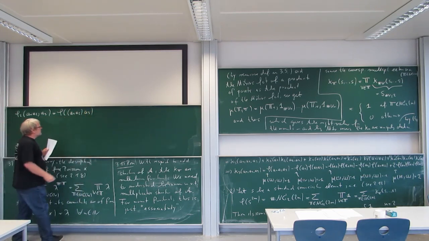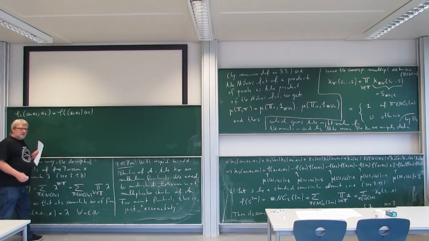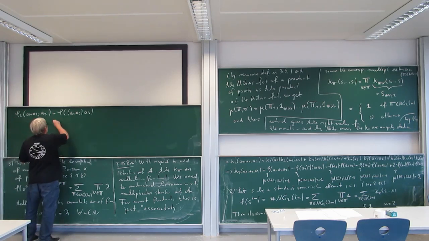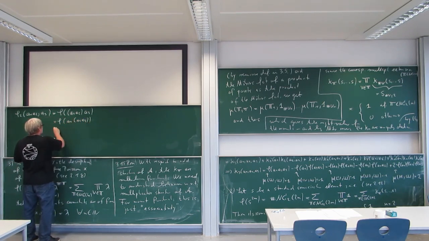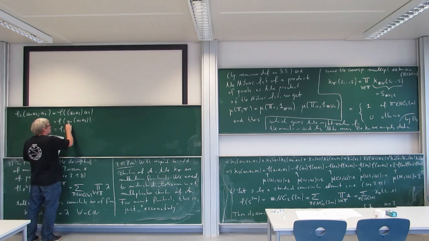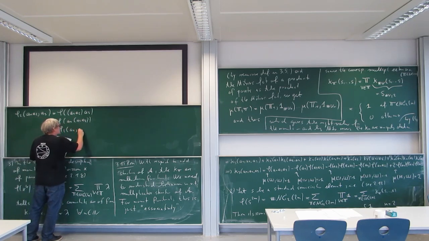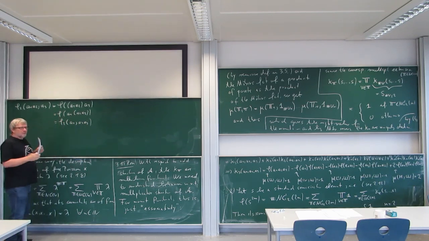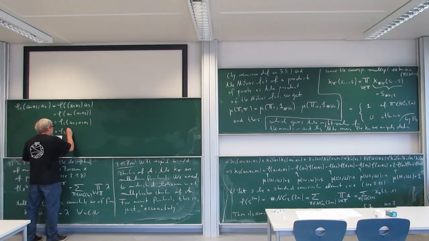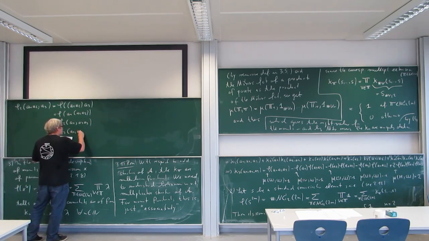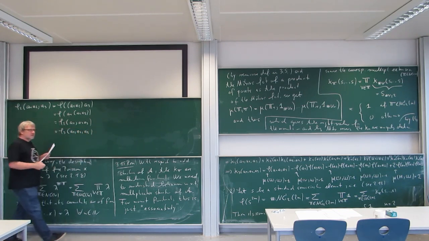But of course, associativity tells me I can put brackets here as I like, so I can also write this as phi of A1 multiplied with A2 A3, and this would be then phi 2, where the first argument is A1 and the second is A2 A3. Or I could also write it in the form where I don't put brackets at all, and I just say this is a product of three guys, and then it would also be the same as phi 3 of A1, A2, A3.